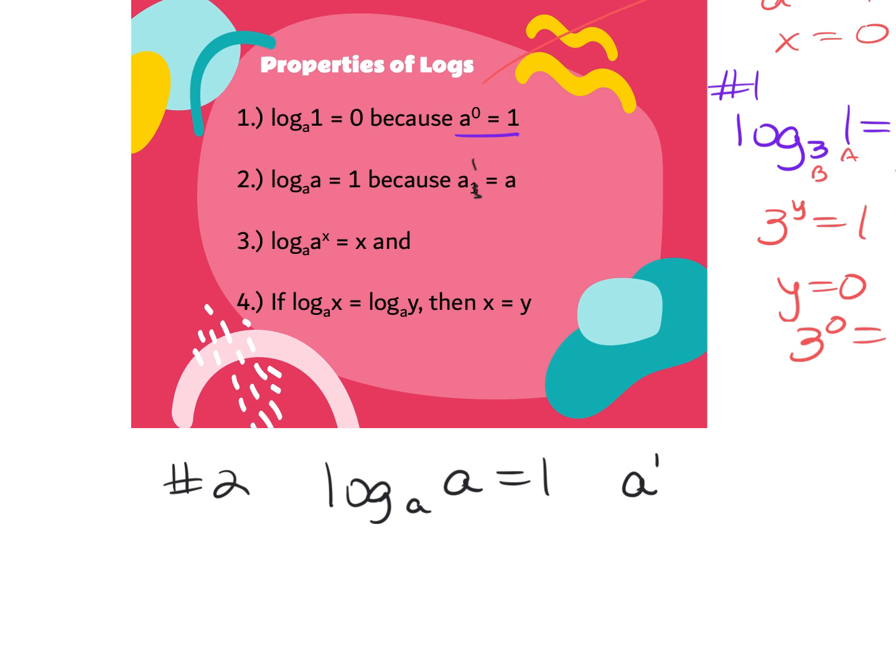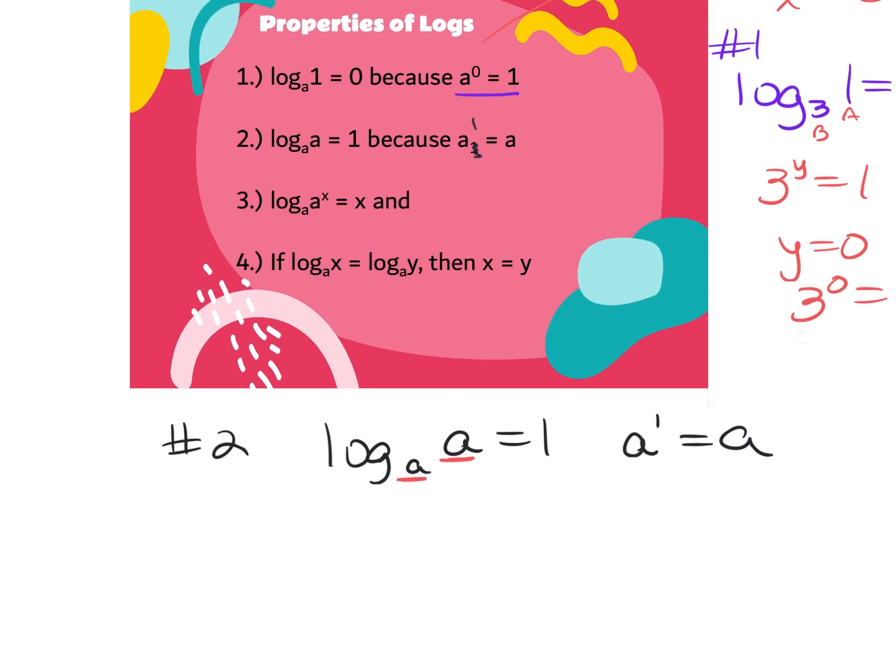This should have actually been the power up there. And then equals a. So one thing to remember is that whenever this base is the same as the number you're trying to find the log of, when these are the same numbers, the answer is always equal to 1.